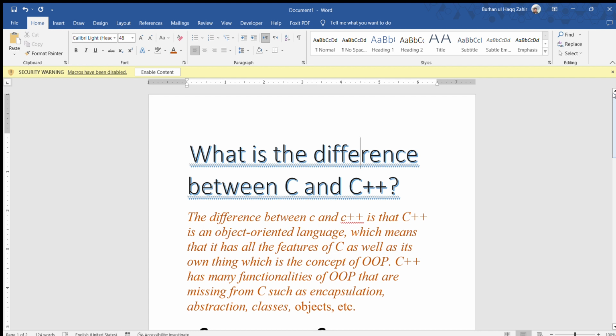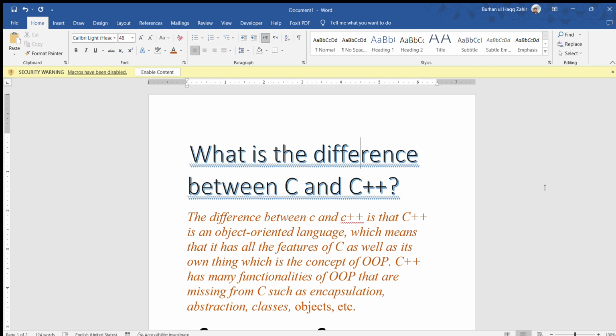Today our topic is what is the difference between C and C++. We have learned about the questions in our last video. There are more than 100 questions we discussed, and here we are discussing the ones having the most importance in C and C++.